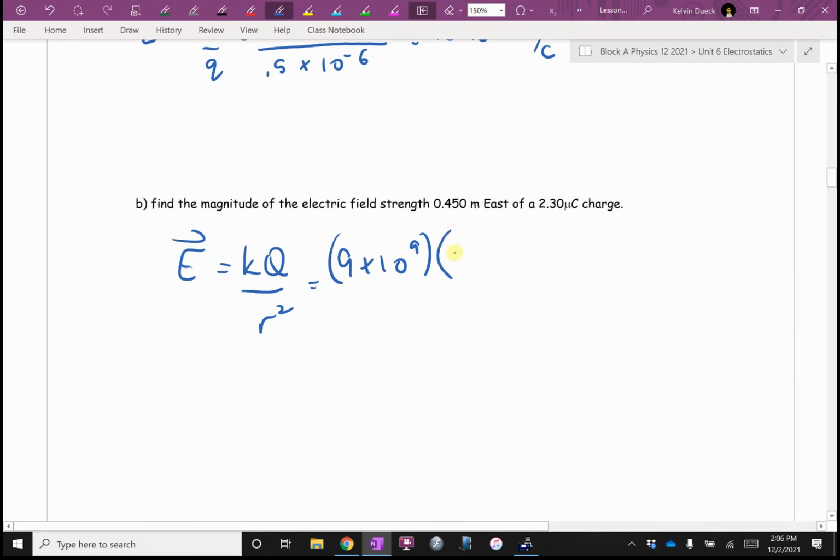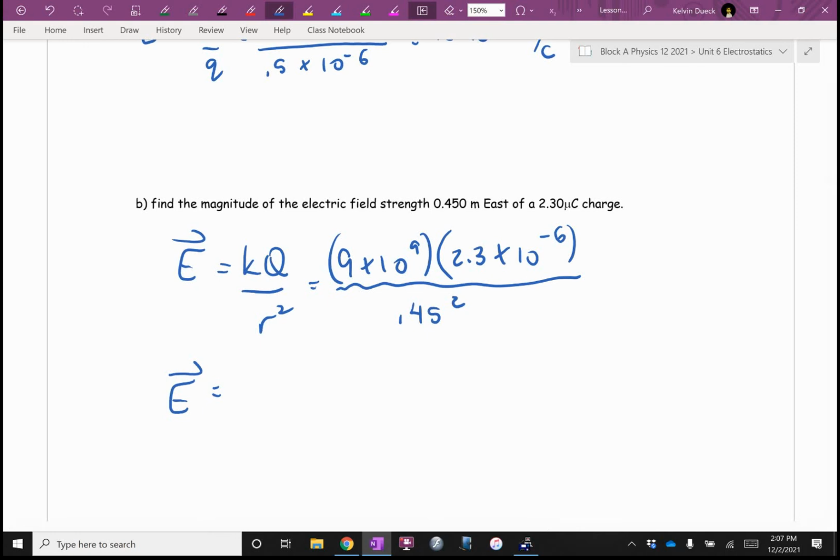Big Q, 2.3 micro, times 10 to the negative 6, all over 0.45. Don't forget the squared. I think you're going to get something in the 100,000s, but I can't do much more than that in my head.